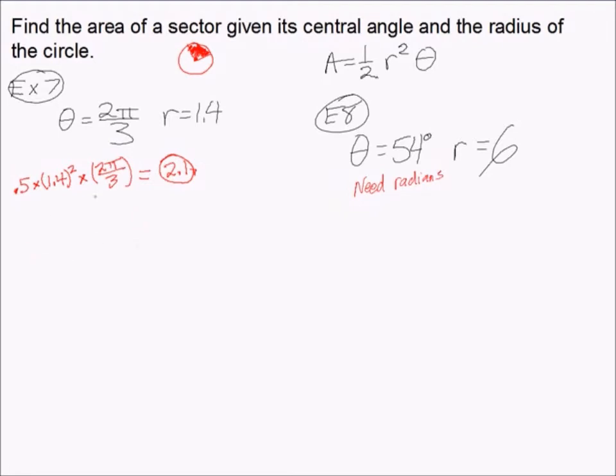If you're doing like I'm going to do and use that big old fat decimal, it's going to be 0.5, okay, and then in parentheses 1.4 squared, and then in parentheses, if we do 2 pi over 3, so 2 pi over 3 is going to be 2.09439510239, and then type this all in the calculator, and you're still going to get, at the end of the day, 2.1.